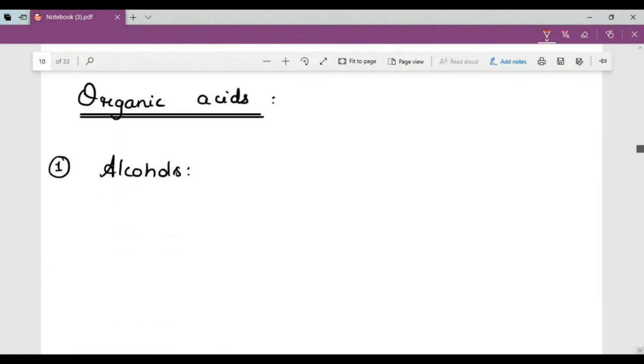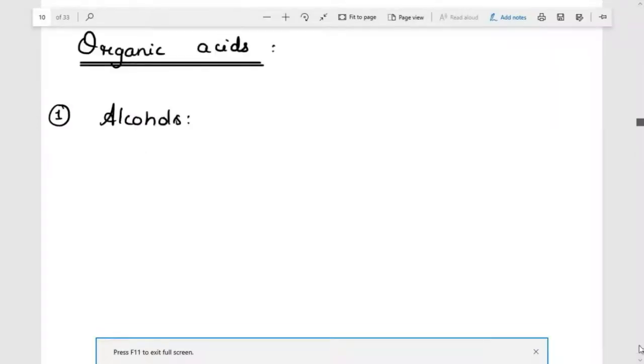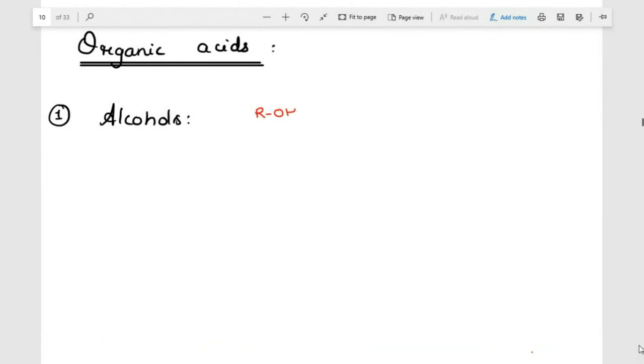Now, till now, we have been discussing general factors affecting all types of acids. Now, let us come to organic acids. In case of organic acids, the first is alcohols. In case of alcohols, these are our dissociation constants. Correct?